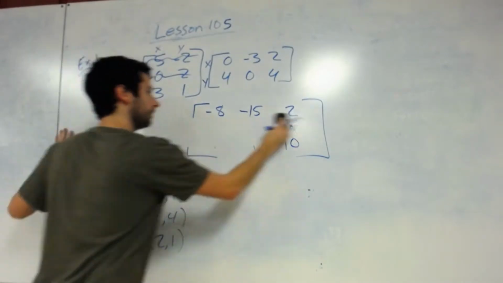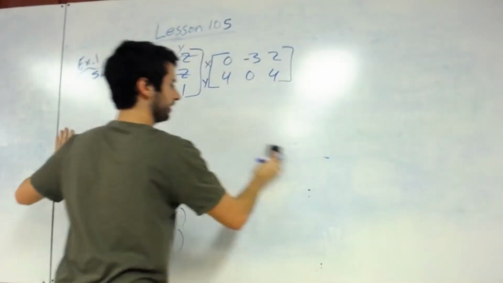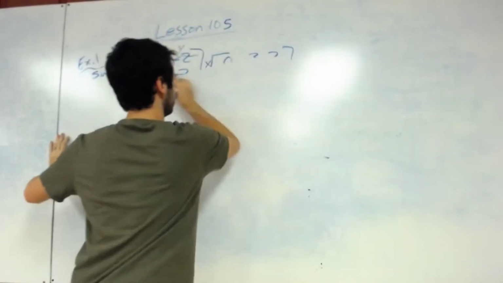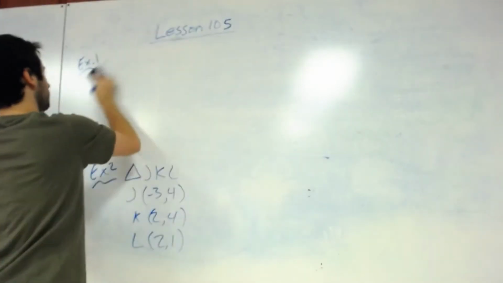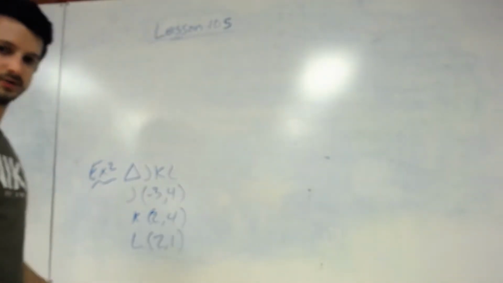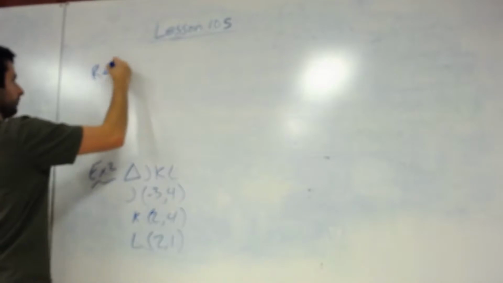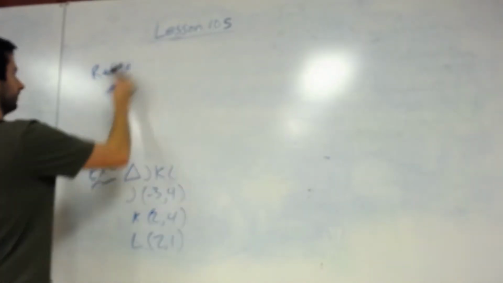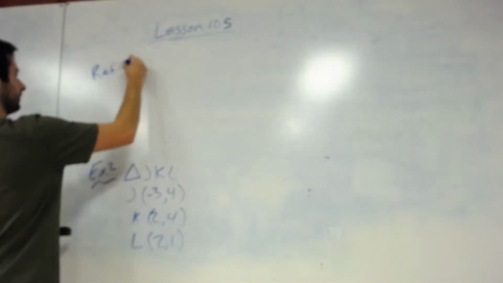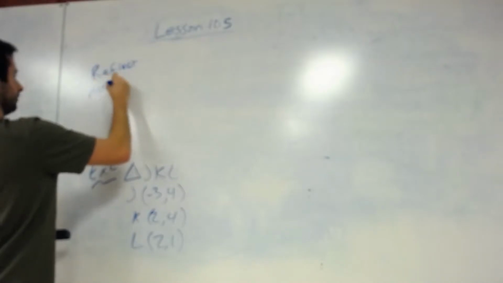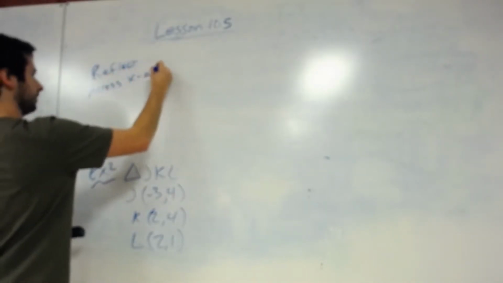Now, if it talks about reflecting a triangle or a square or whatever other image, let's look at example 2. It says we have triangle JKL, gives us the coordinates, and wants us to reflect across the x-axis.